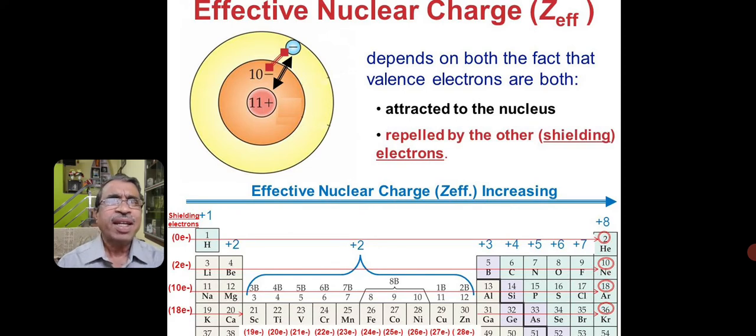So this is a slide that shows once again the effective nuclear charge. It depends on the fact that valence electrons are attracted to the nucleus and also repelled by the other electrons. Therefore, effective nuclear charge increases across the period and decreases down the group.